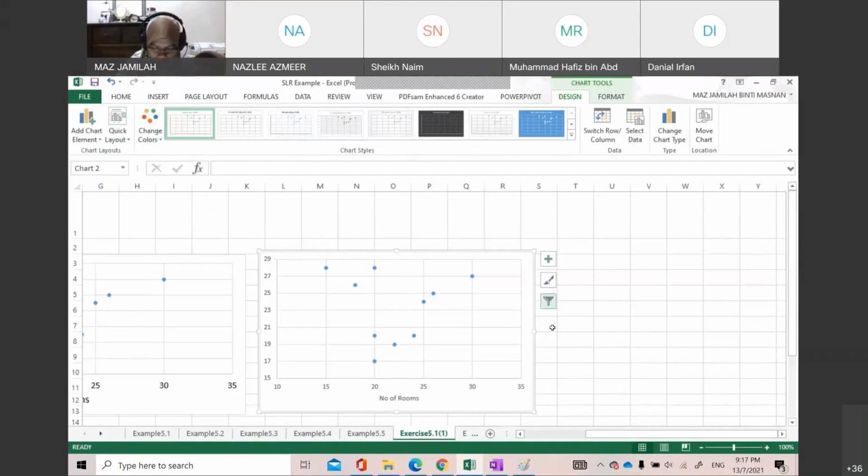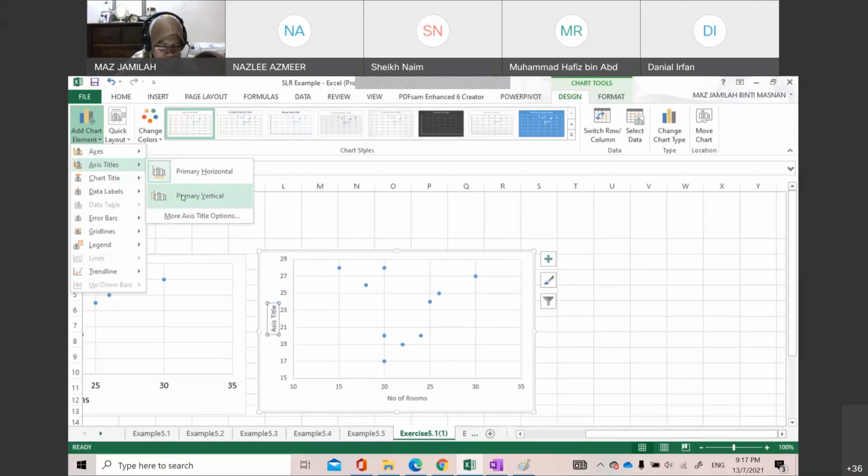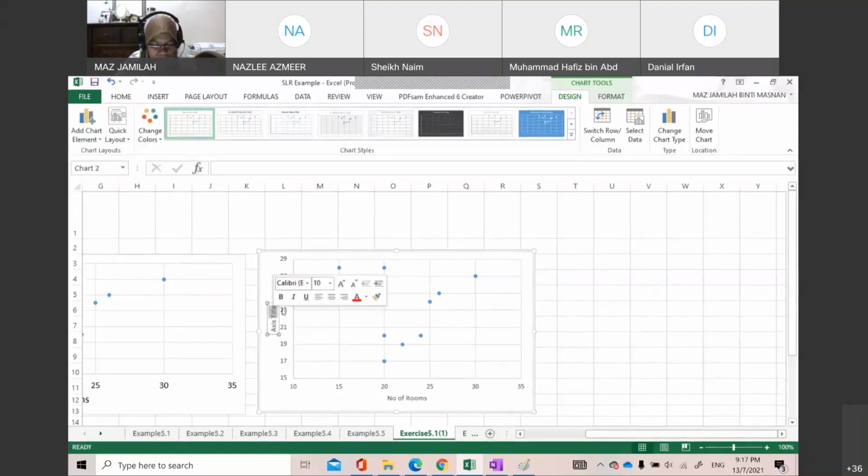Once you got this particular appearance, go to Add Chart Element again, and then go to Y, and change to kilowatt hours in thousands. Okay, so you can put 1000. Once you're done, click the graph.